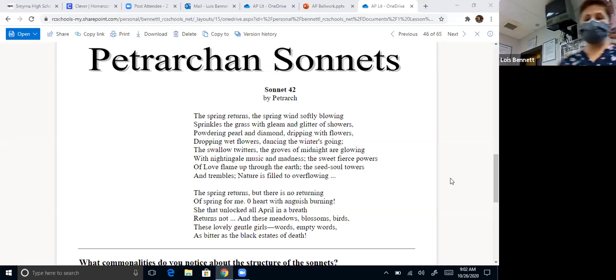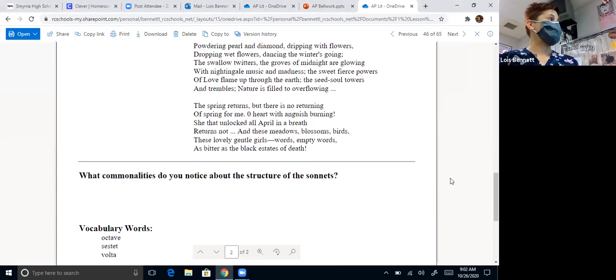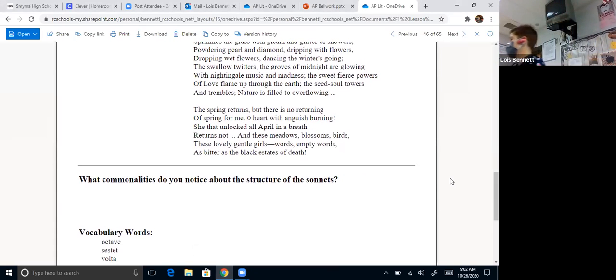And once you come up with some ideas, I want you to write them on this part of the handout that says, what commonalities do you notice?